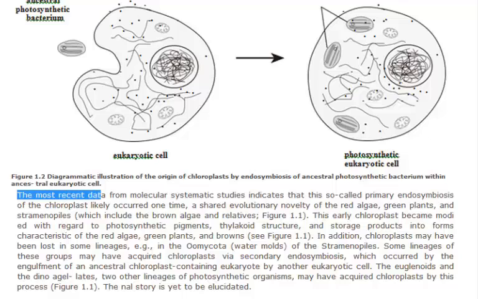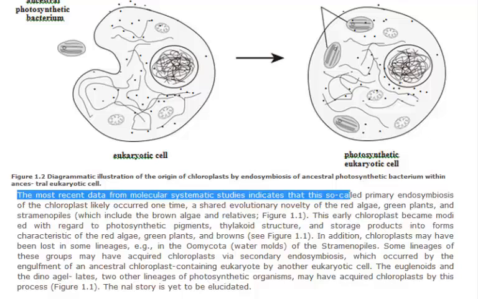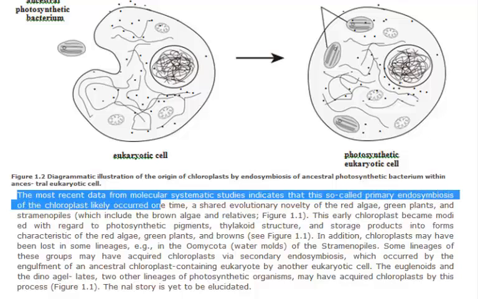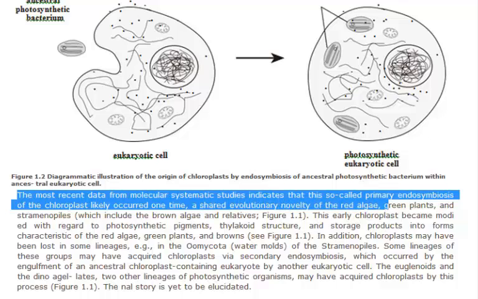The most recent data from molecular systematic studies indicate that this so-called primary endosymbiosis of the chloroplast likely occurred one time, a shared evolutionary novelty of the red algae, green algae, and stramenopiles.